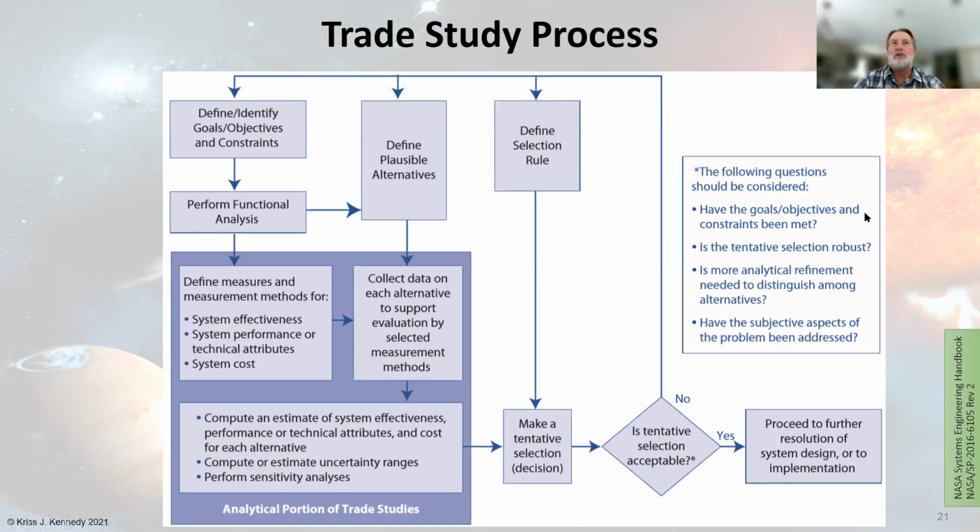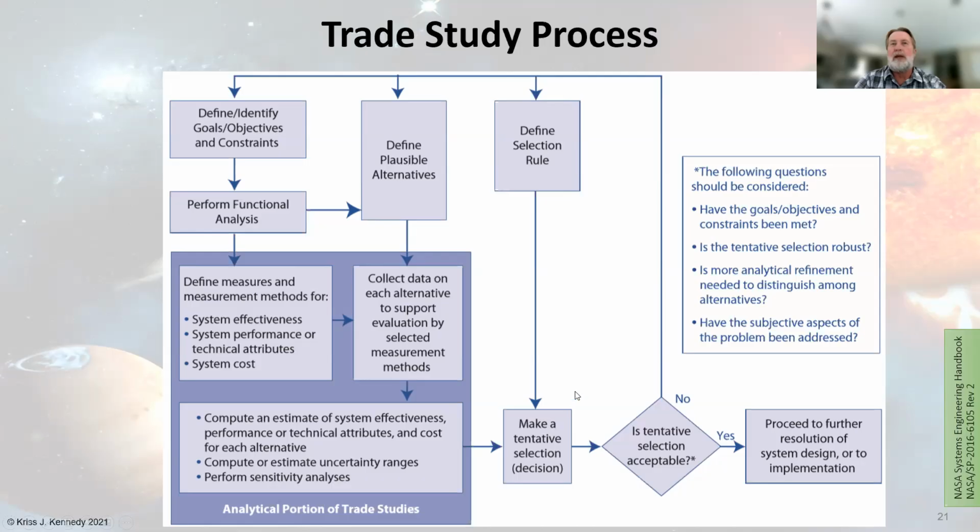This is really similar in that you define your goals and objectives, you have your functional analysis, you define your plausible alternatives, you define your system effectiveness or evaluation criteria, you collect the data, you establish your performances, you do the analysis, and you do the trade studies between the different alternatives. That is basically the trade study in a nutshell.